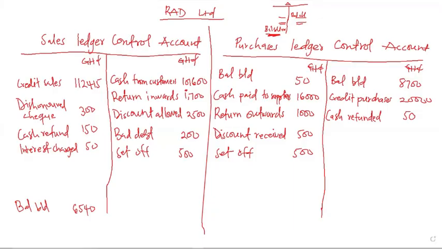And if there is a balance brought down on the debit side, then it means there was a balance carried down on the credit side, with that same amount, which is 6,500. That is what it means. And let's say we have account B.